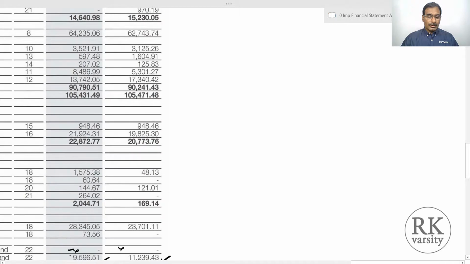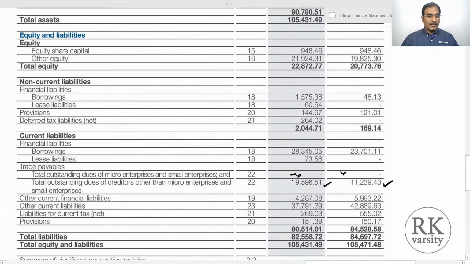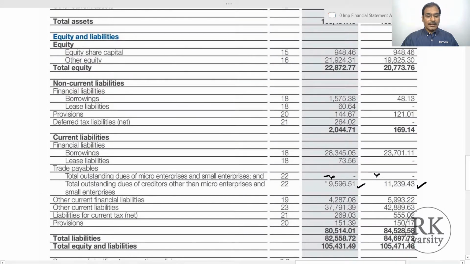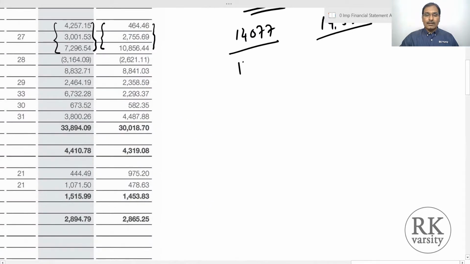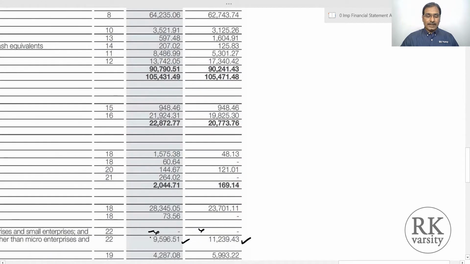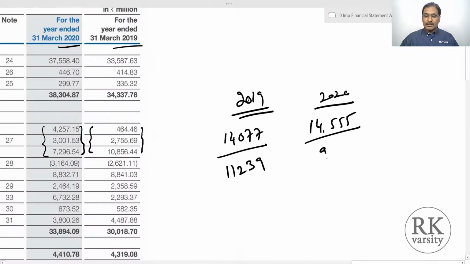This upon your trade payables. So trade payables, here we have trade payables under current liabilities, 11,239, then 9597.